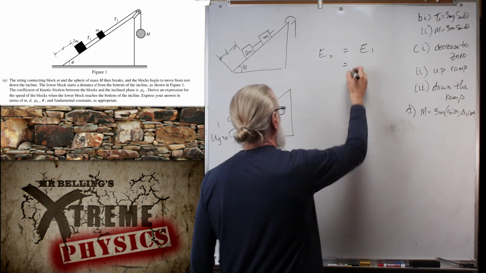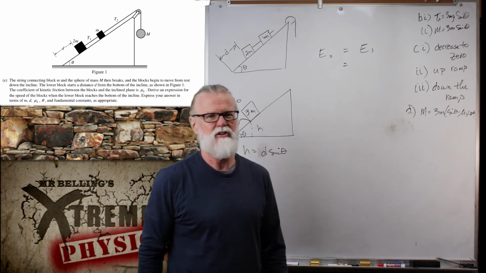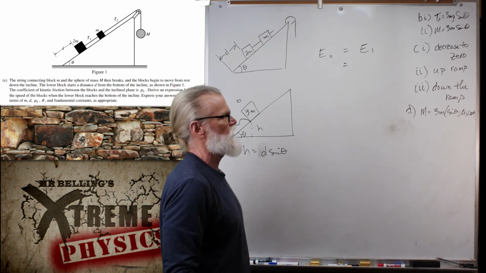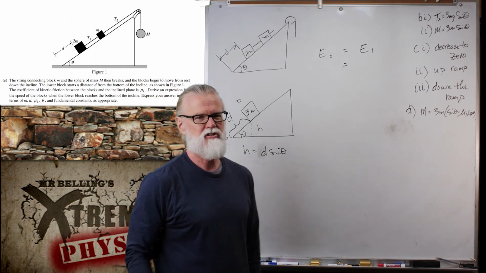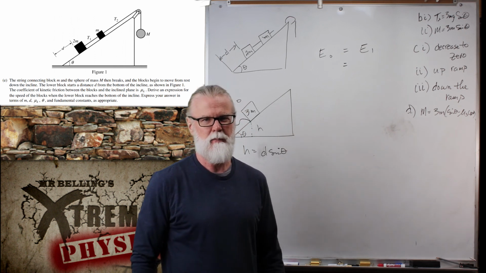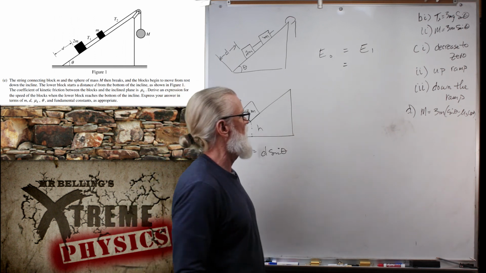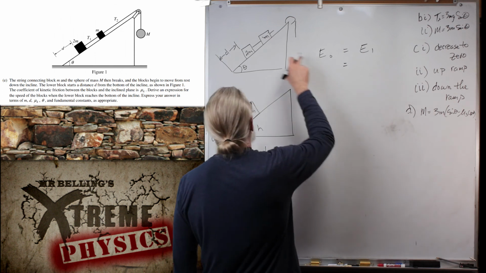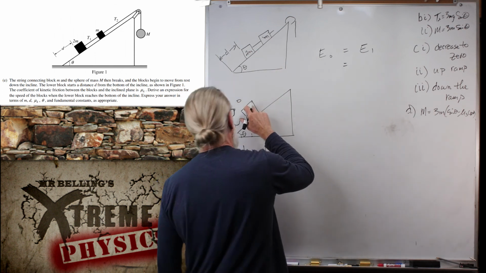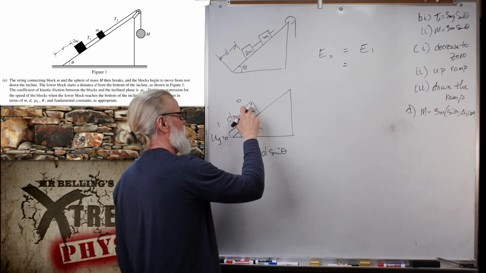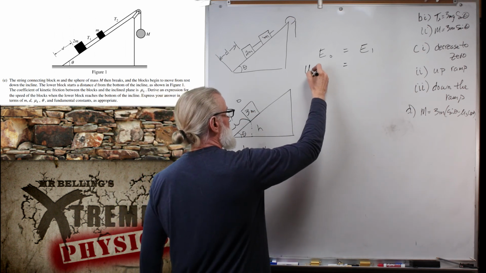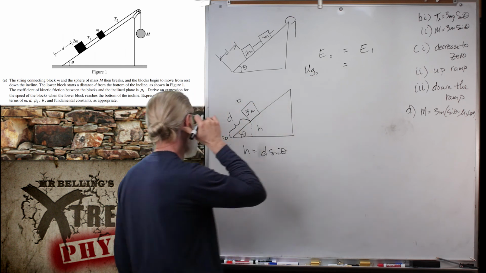Now, in this case, mechanical energy is not conserved because there's friction. Friction's not a conservative force. There's no potential energy associated with it. It is a lossy, non-conservative force. So we start off here, and the question is, does it have height? Yes, it does, so we have gravitational potential energy at 0.